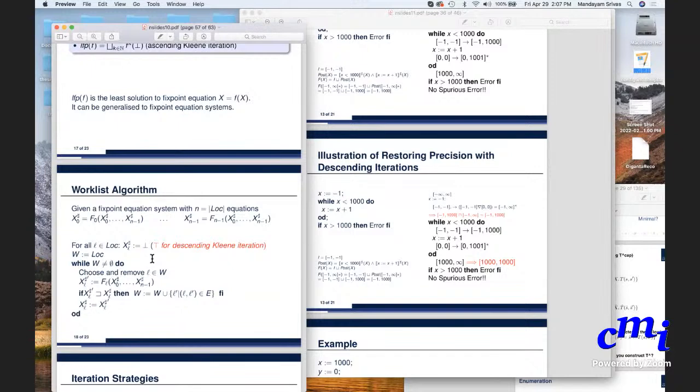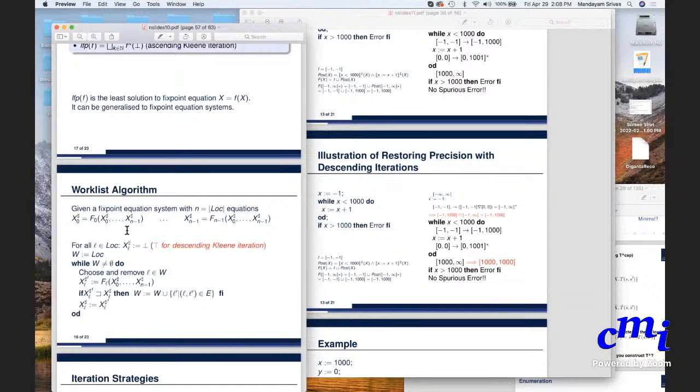So it is meant to work for that version. This works for an ascending chain starting from bottom. That's why you initialize the value at every location to bottom, and then you propagate the values at every location by applying the fixed point equation.